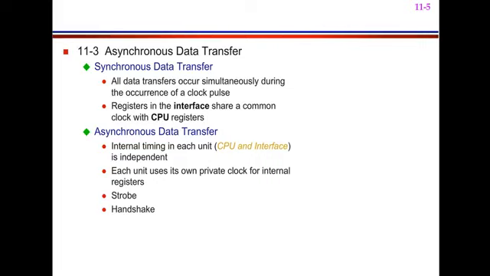The third point is that, as in synchronous, in asynchronous data transfer also we divide the data into blocks, and to each block I will be appending 2 bits. One bit at the start of the block, and the other at the end of the block.